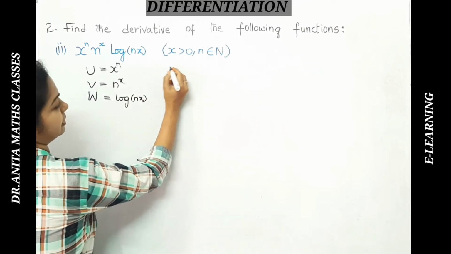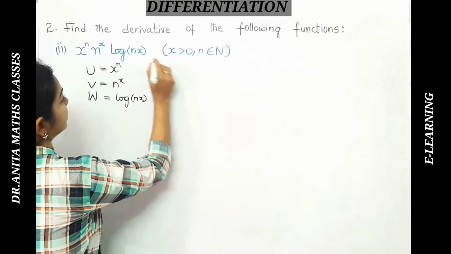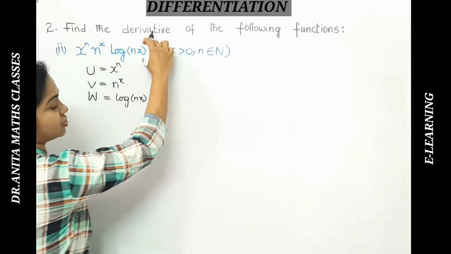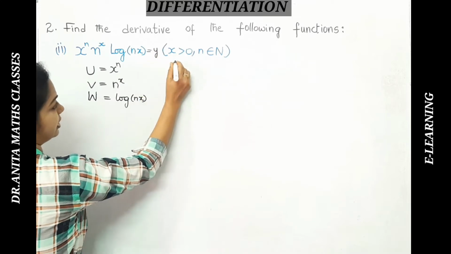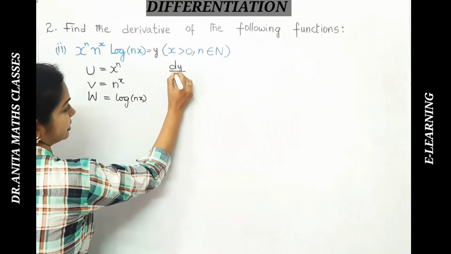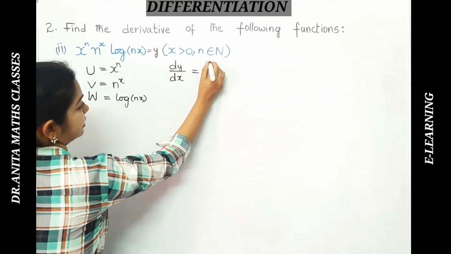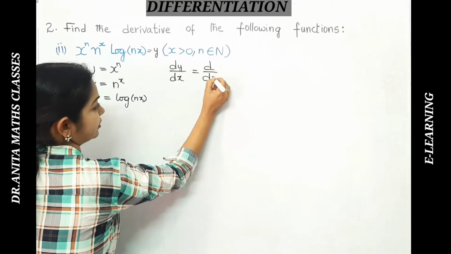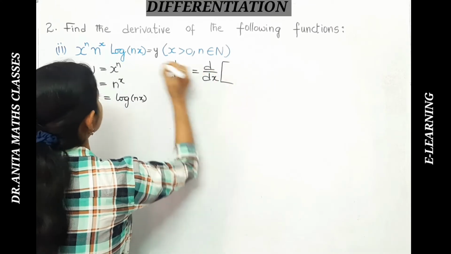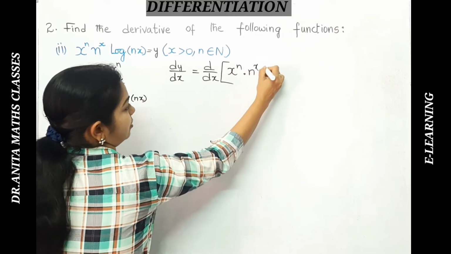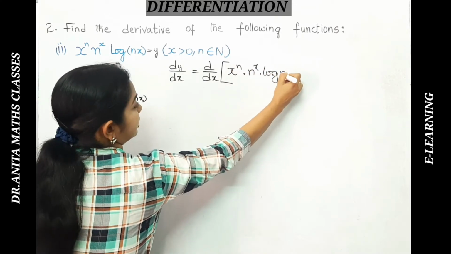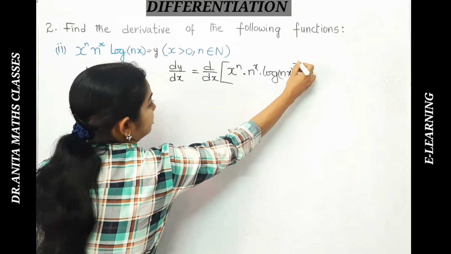Okay, so let me do the product rule here. Let us suppose this complete thing as y. So dy by dx is nothing but d by dx of the product of the three functions, that is x to the power of n, n to the power of x and log of nx, using the product rule.